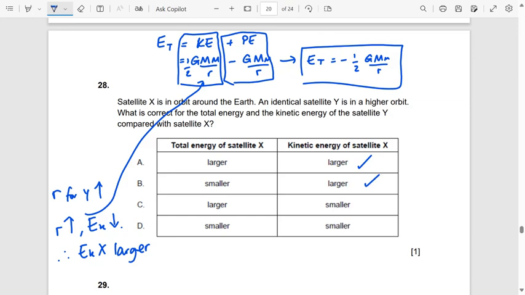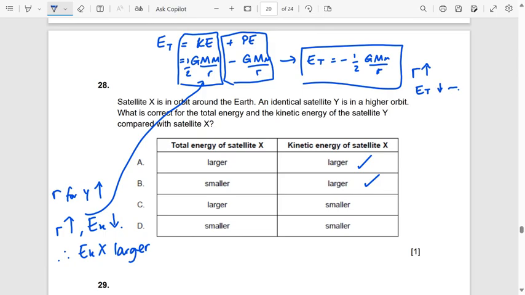Okay. Now we're looking at the total energy of the satellite. So again, for Y, if R is greater, ET is a smaller number, but it's a smaller negative number.